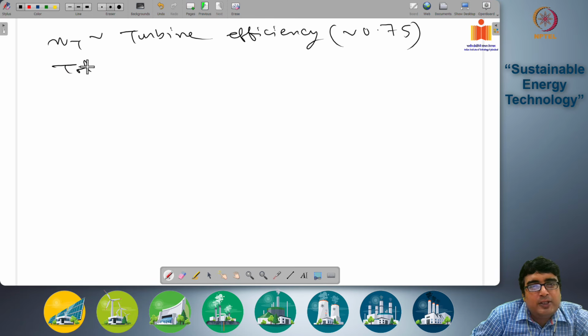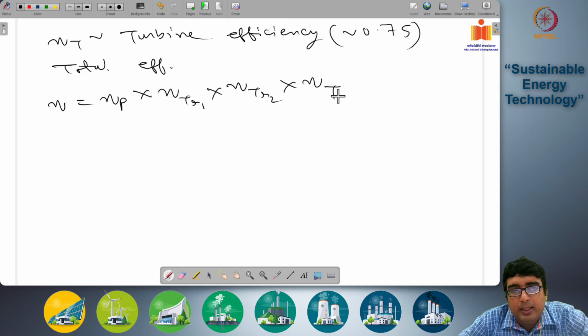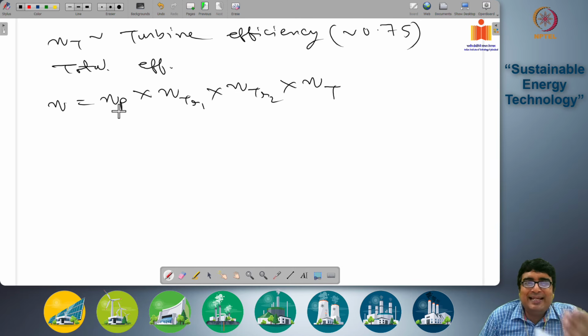So the total efficiency is eta equals eta P into eta TR1 into eta TR2 into eta T. The pump efficiency, electricity to pump.